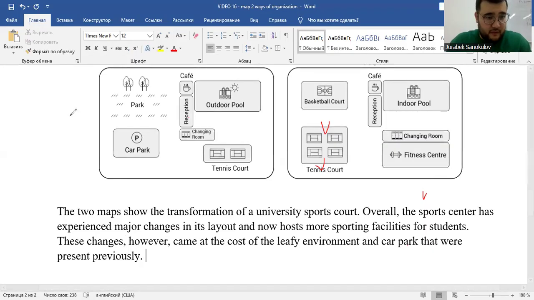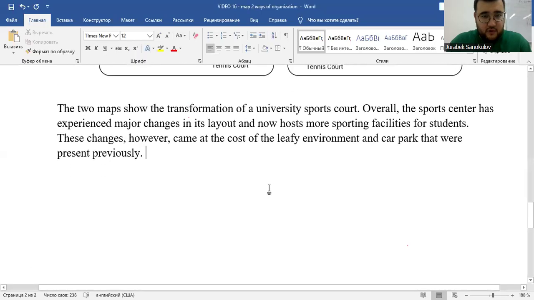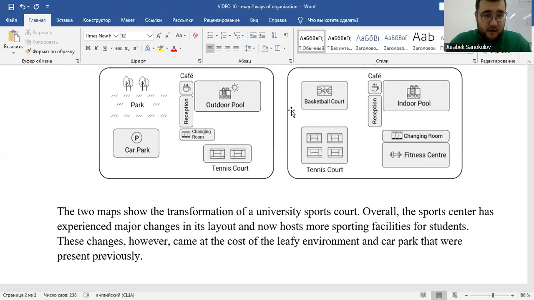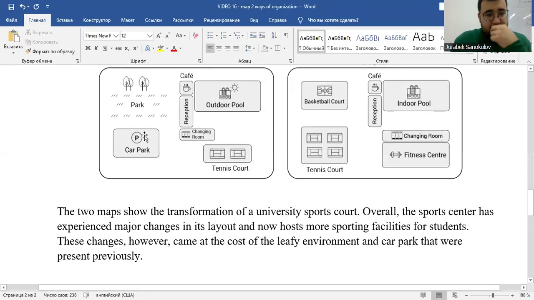So let me erase this. So now we're going to describe the main body parts, yeah. Let's think where I should start.